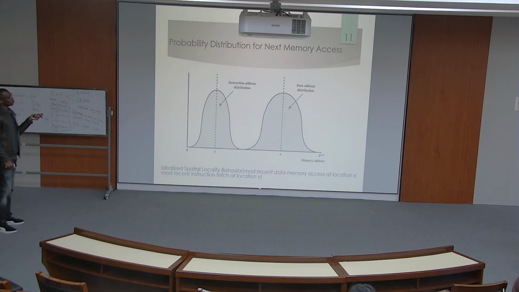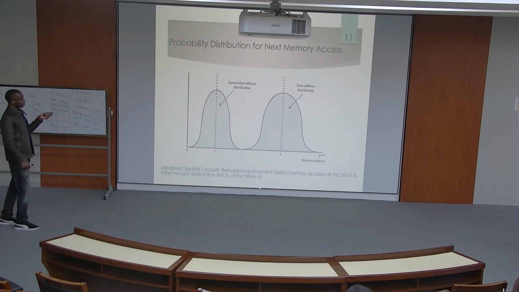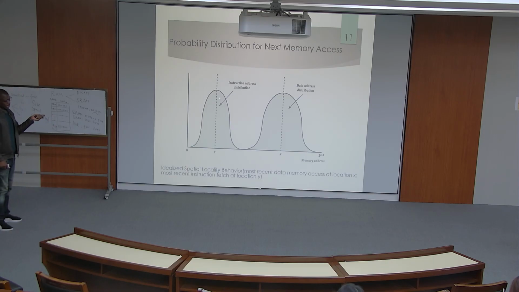Same goes for the instruction address distribution, which is on the left of this diagram. We have the center. This is the peak of the distribution. The instruction addresses which are near this peak center have a high probability to be accessed in the near future.